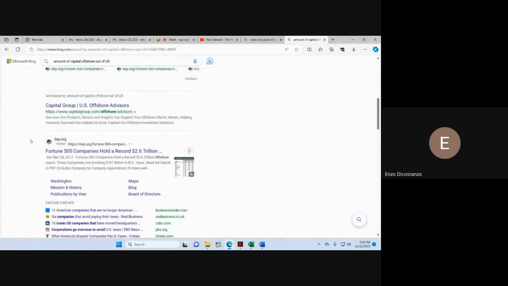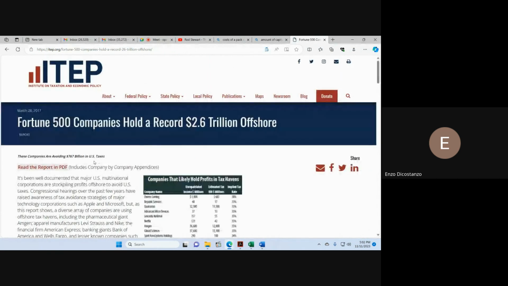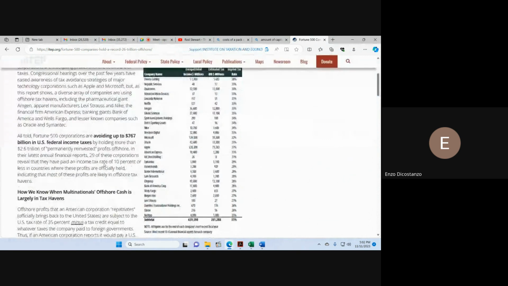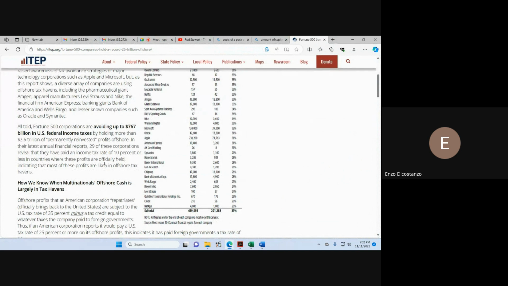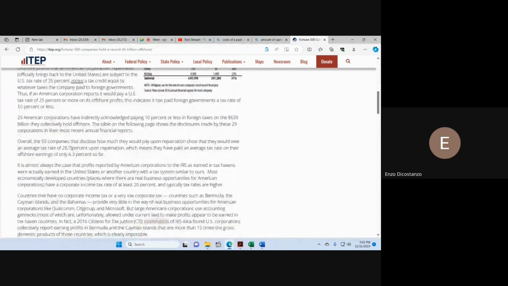It's offshored. I don't know what ITEP is. A taxation economic policy. Yeah, that's a big number. That's about a third, right? That's that 33% federal tax, right? 0.8 over 2.4, right? So that's a good number.